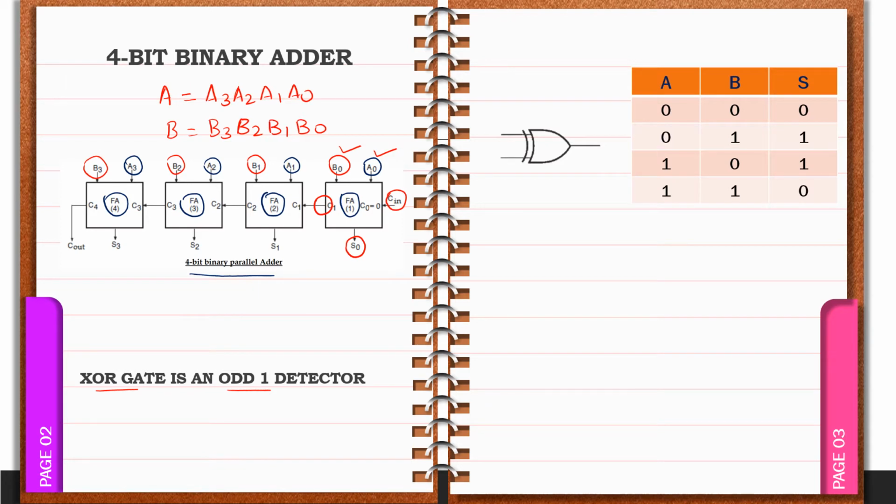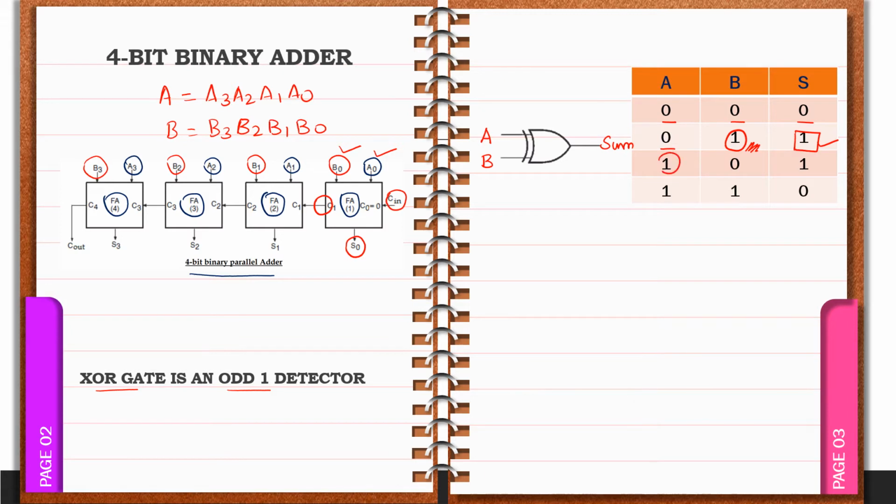This is the input A and this is the input B. When A is 0 and B is 0, the sum is 0. When A is 0 and B is 1, we get 1 as output, because there is only one 1, so it comes under the odd ones detector.